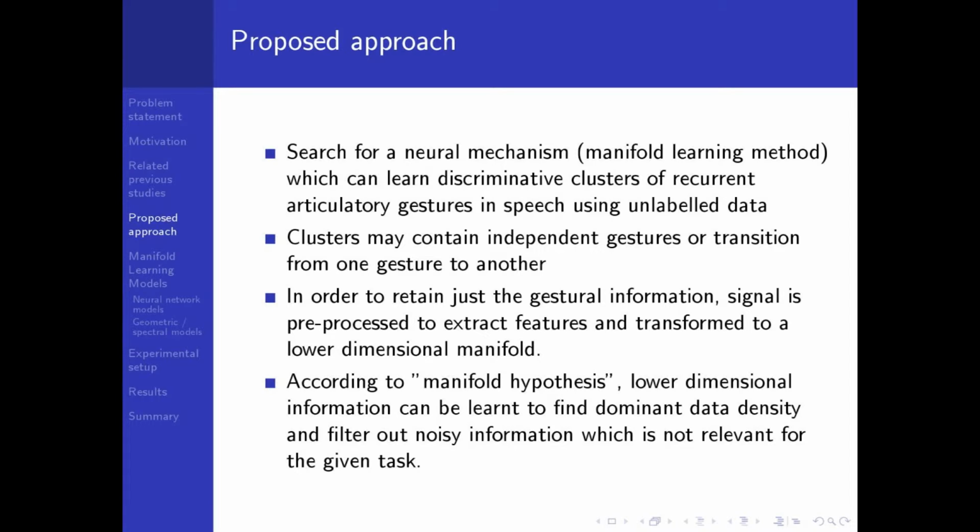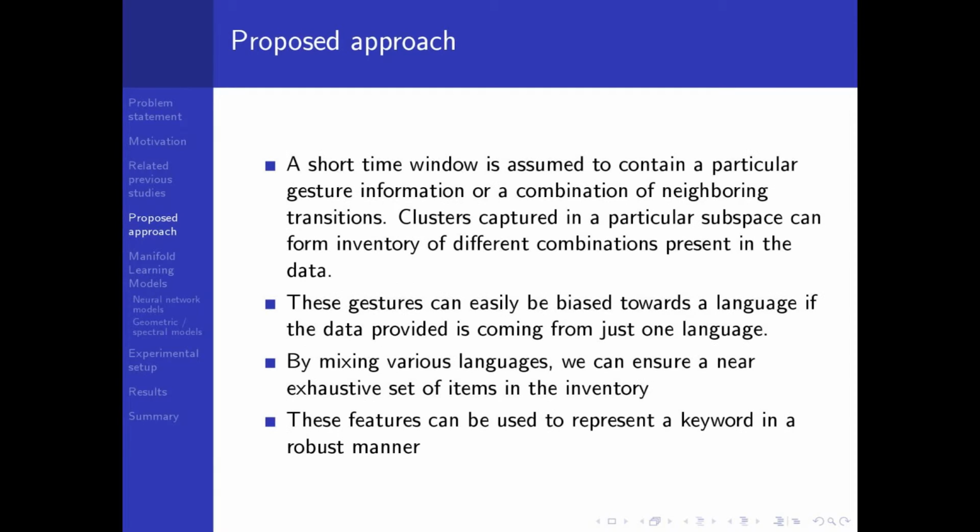This speech data is windowed in short time and subjected to different manifold learning algorithms. We also obtain the inventory not just from a single language but from a mixture of several languages. Our further studies show that these features can be robustly used for the task of keyword spotting.